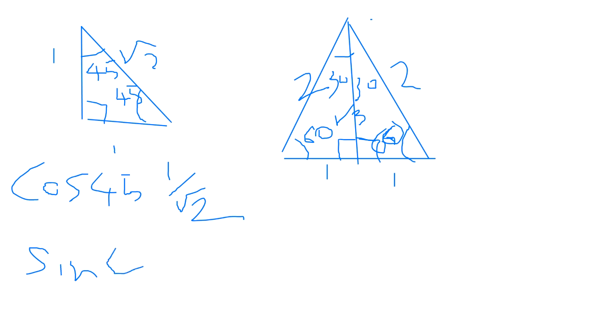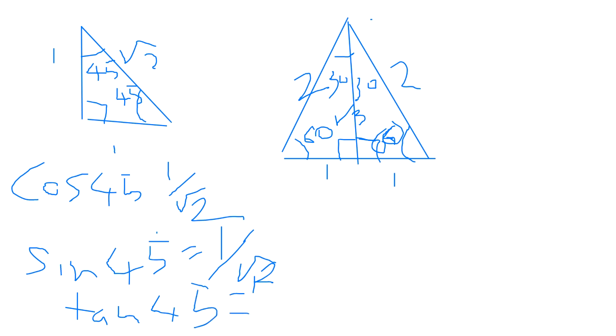Sin 45 is 1 over root 2, that is opposite over hypotenuse. Then tan 45 is 1. It's a special angle.